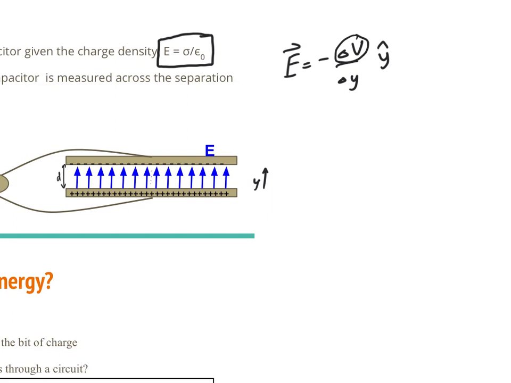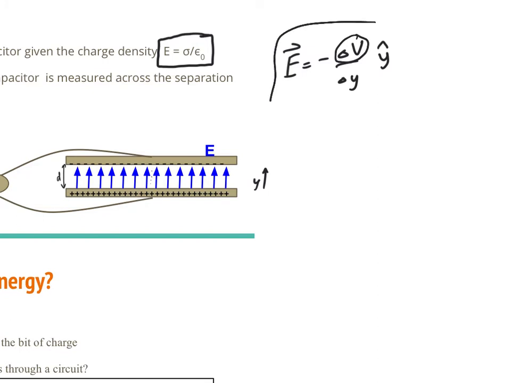Solve this for delta V, and I'm going to do the magnitude of the whole thing. I'm not going to worry about directionality, although I know that the positive plate will be at the higher voltage and the negative plate will be at the lower voltage.